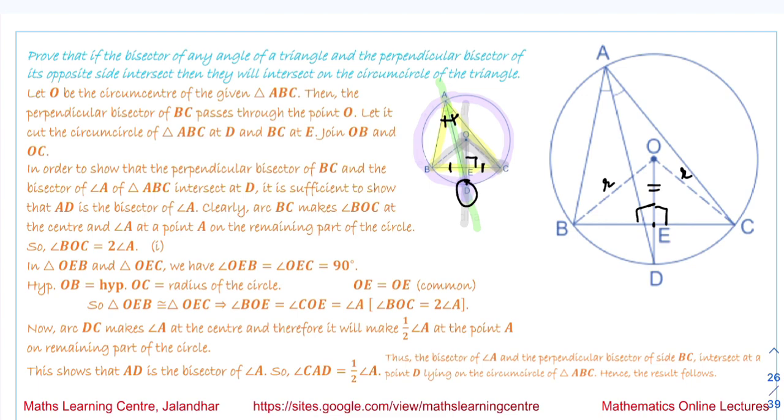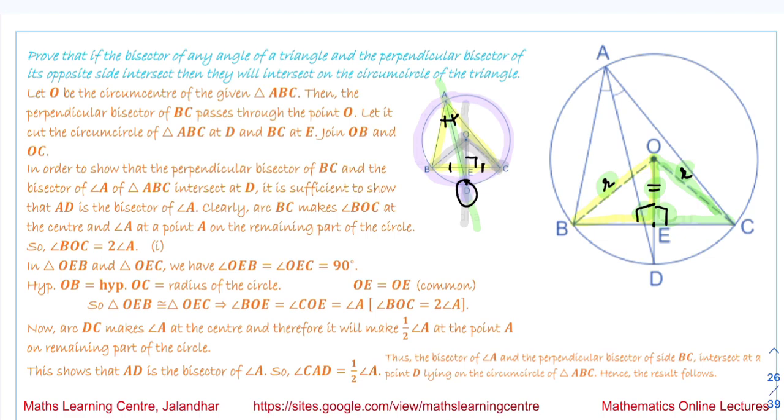So if we look at these two triangles, OBE and OCE, both these triangles are congruent to each other, since these two sides are equal, this is the common side and this angle is 90 degrees.